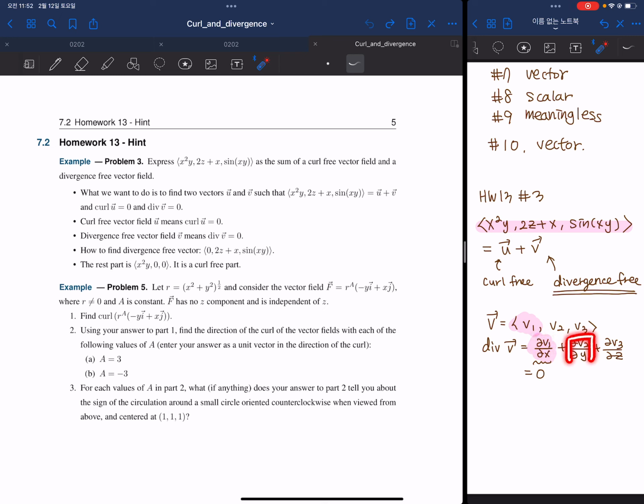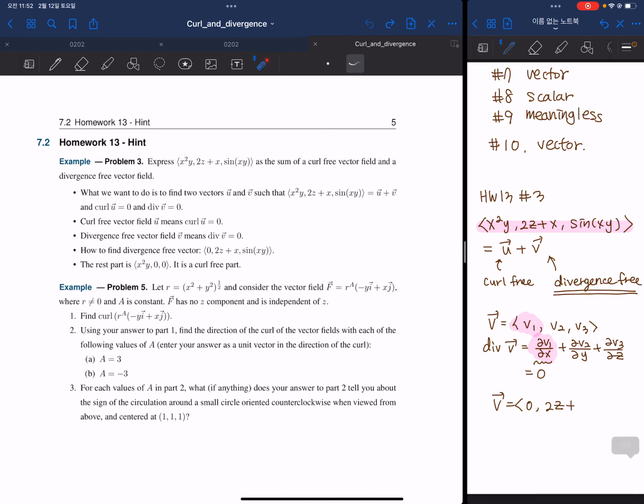And then let's think about the second term here. We will take a derivative with respect to y, so we take the term that doesn't have y, so even if you take a derivative with respect to y, it is just 0, right? So v1 is 0, and then for v2 we want to pick 2z plus x, okay?